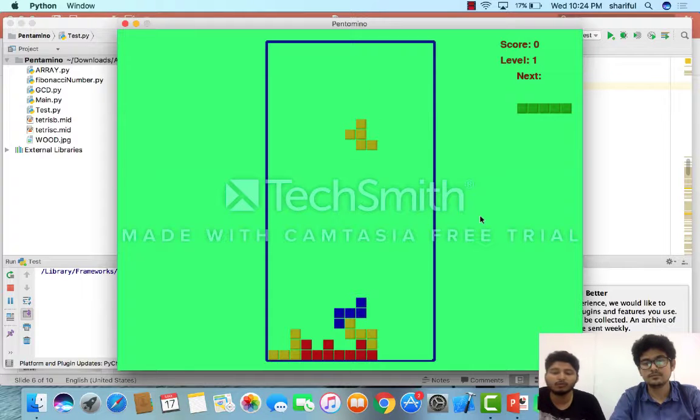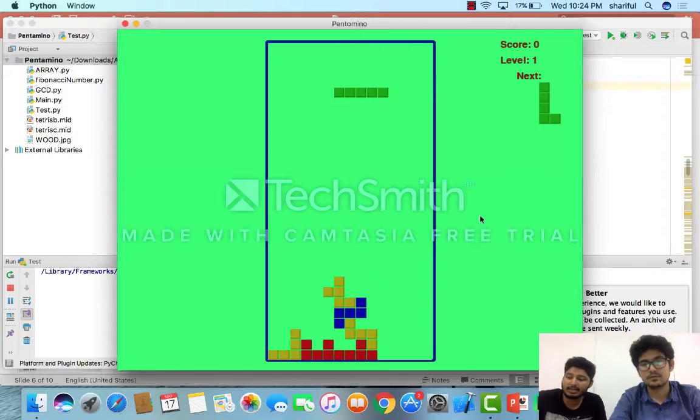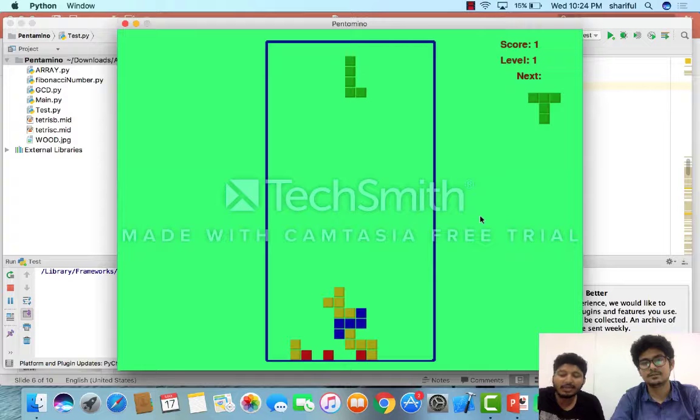Now the blocks will fall to the bottom, and in this game our main target is to fill the last line of the window with random shapes. If it is filled, then we will gain a score.